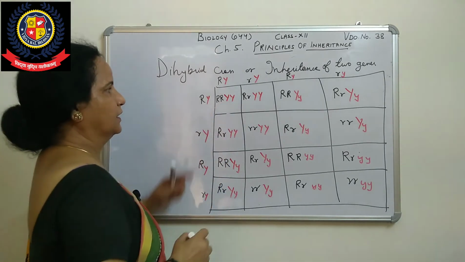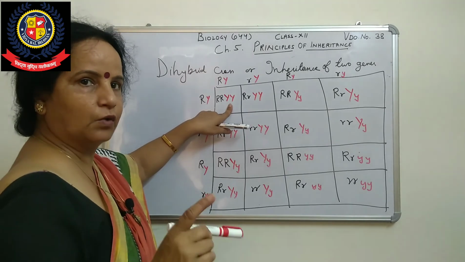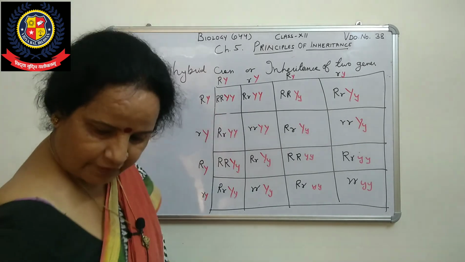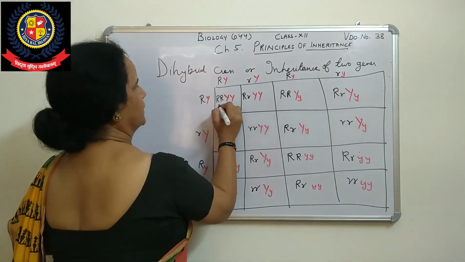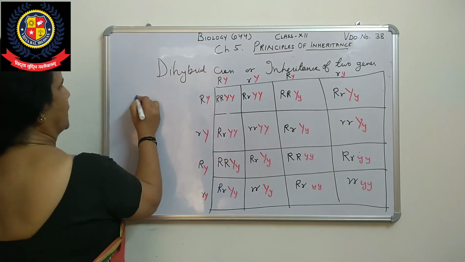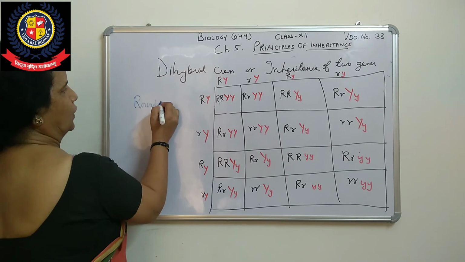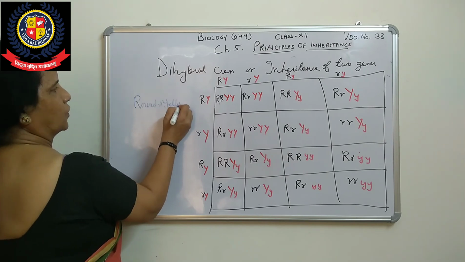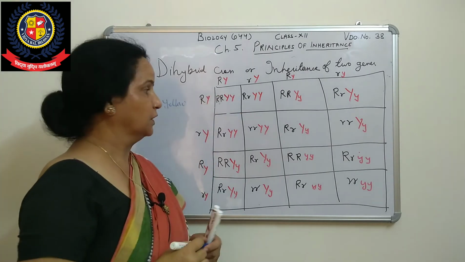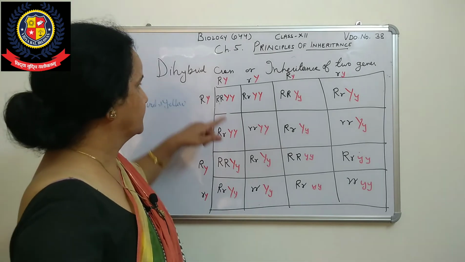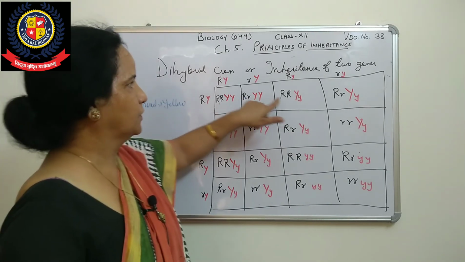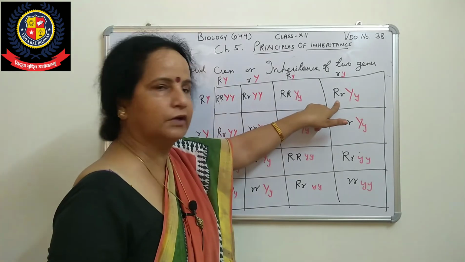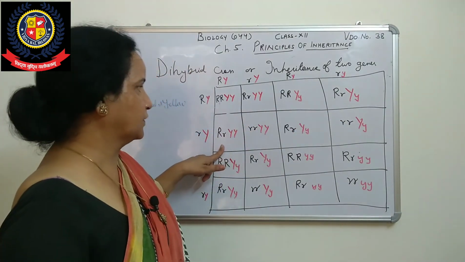These are round and yellow. So here we can take round and yellow. First you can say round and yellow. It's your homework that I am giving: you will just make a cross and write this, since both are dominant, round and yellow. Here also round and yellow. Here also round and yellow. Here also round and yellow. Here round and yellow.